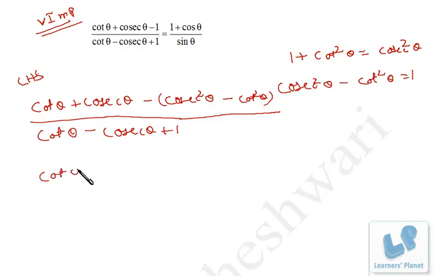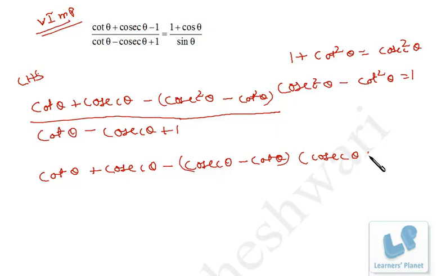So it's cot theta plus cosec theta minus (cosec theta minus cot theta)(cosec theta plus cot theta).